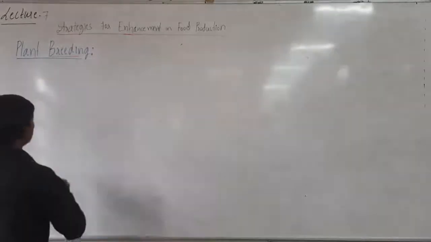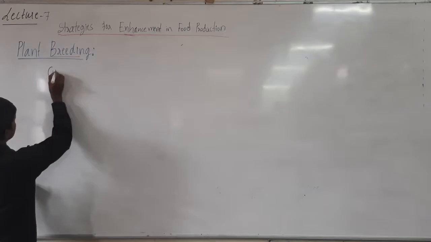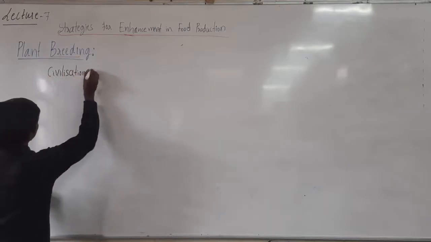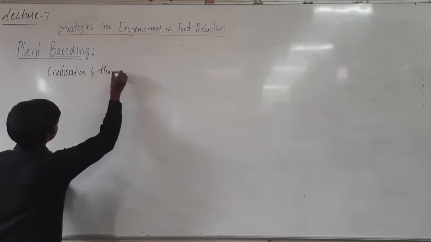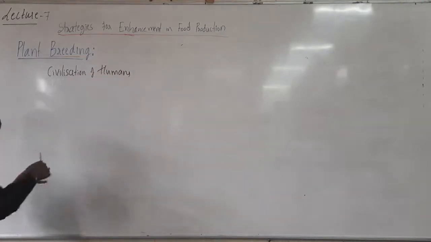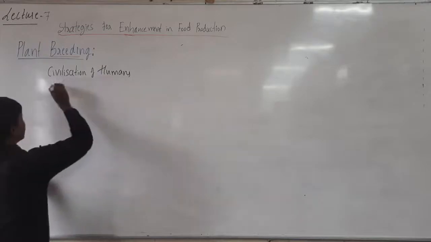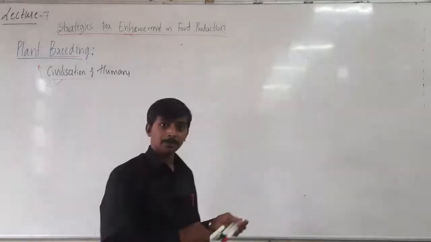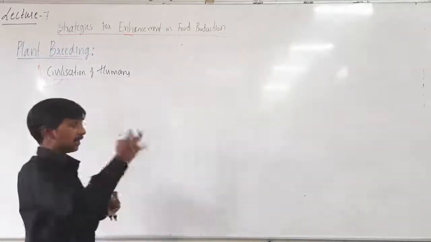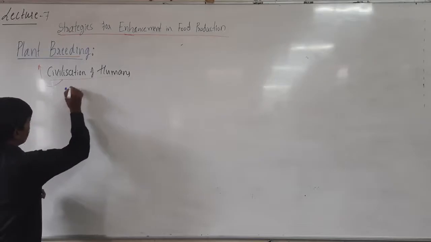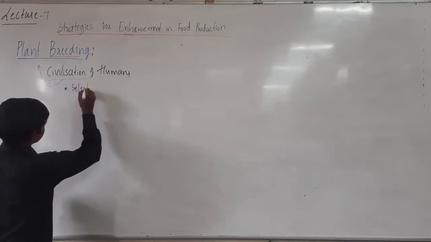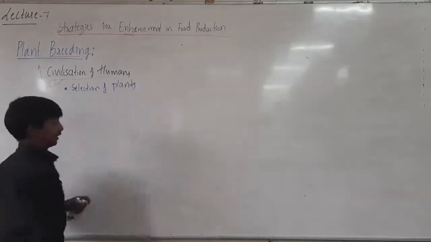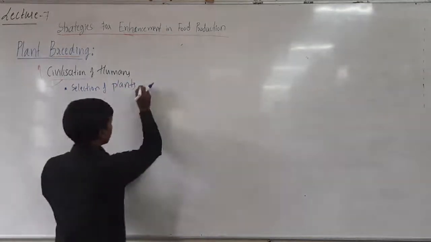So from the time of civilization of humans, plant breeding has started. First, the basic step they have done is selection of plants, mainly the pure lines.